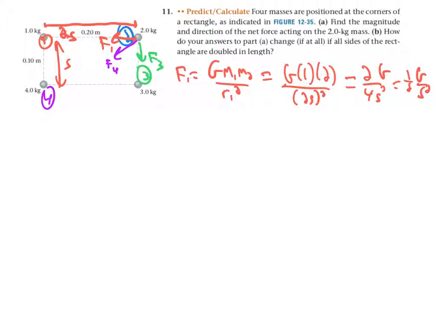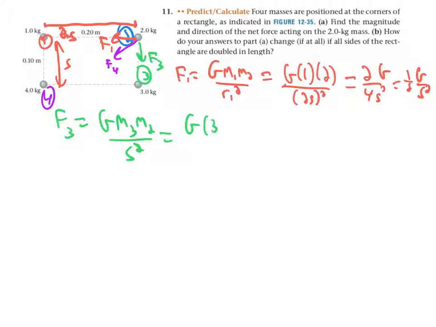I just don't feel like carrying a lot of weird numbers yet. We can plug in numbers for that. We know that we're in kilograms if we plug in correctly, and we'll get newtons, but I just don't feel like tracking lots of units for things I'm going to have to multiply out later anyway. Likewise, we can say that F3 is G M3 M2 over s squared, so that's that distance s squared.